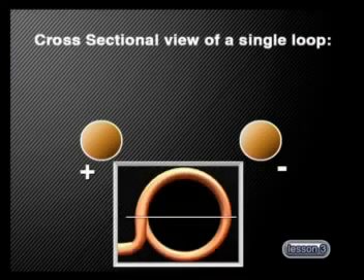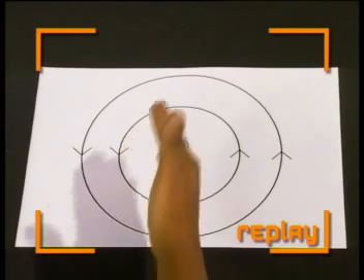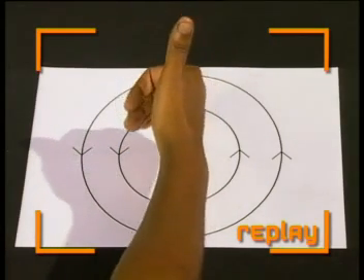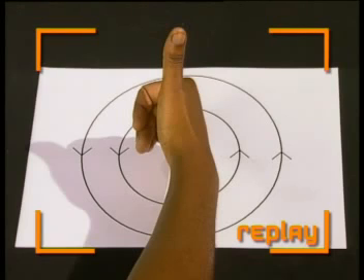Your task for the previous lesson was to draw a diagram showing the field lines in a single loop. You could have worked this out by using the right-hand rule. Where the current is moving up, the curl of my fingers shows that the direction of the magnetic field is anti-clockwise.